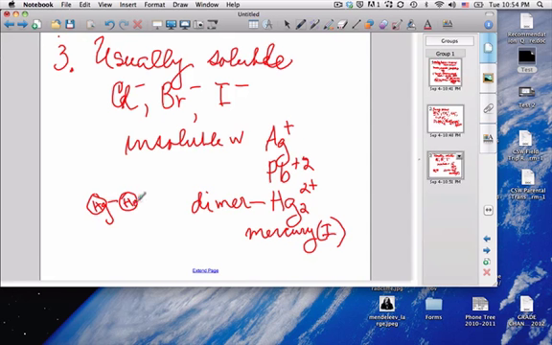You're going to ask Stover about that. So each of these are plus 1. So this thing is plus 2. So these are really 2 mercury ones stuck together. That's important to remember. Okay, usually soluble.